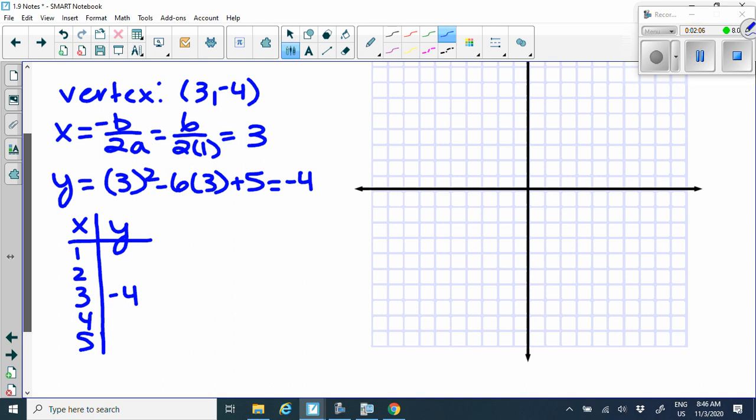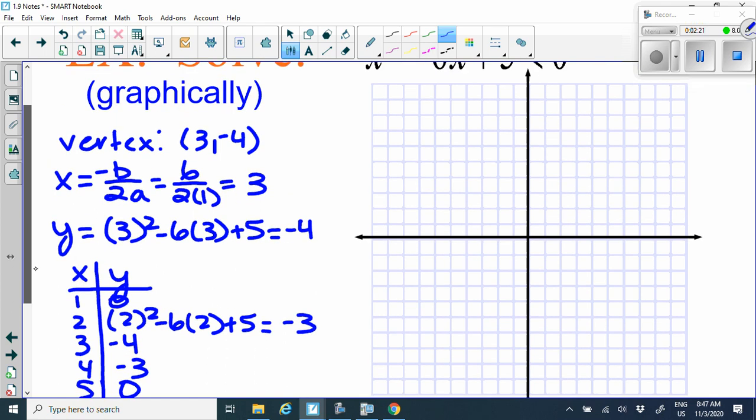If we plug in 2, we have 2 squared minus 6 times 2 plus 5, and we get negative 3, so that means 4 will be the same thing. You do the same thing with 1, and we get 0 and 0. Now we're going to plot these points. So we have 3, then down 4, and then negative 3s here.